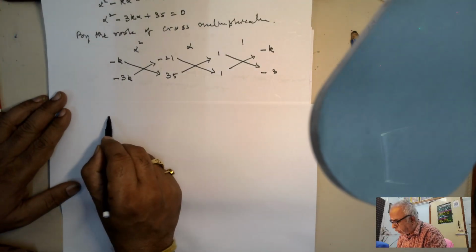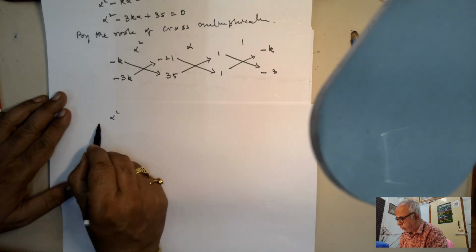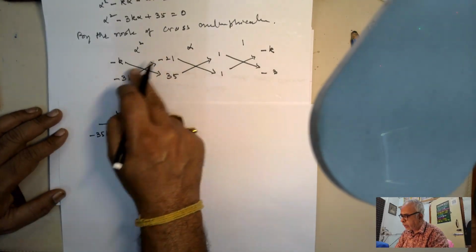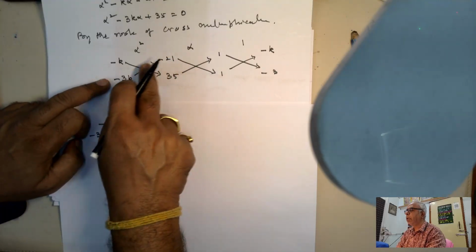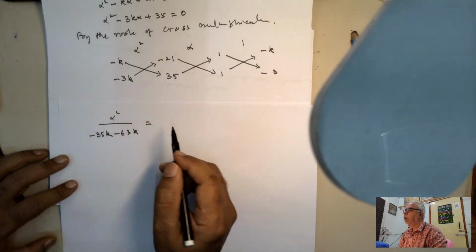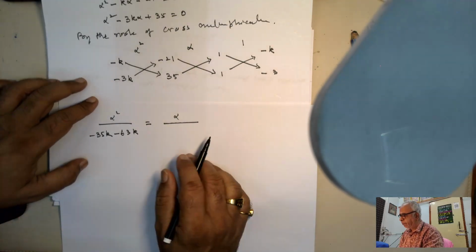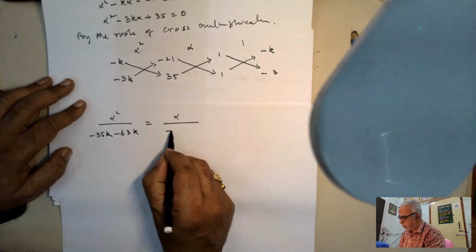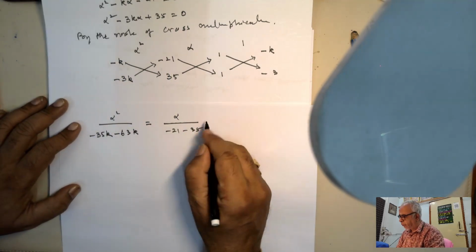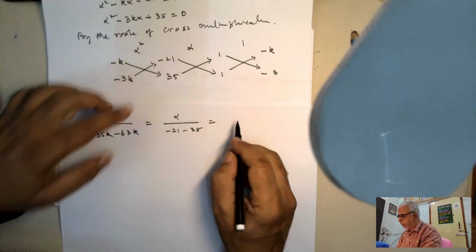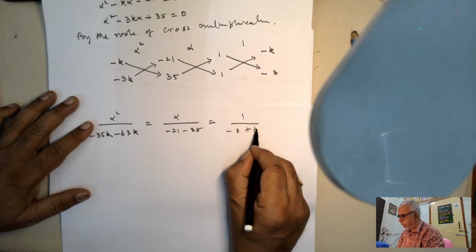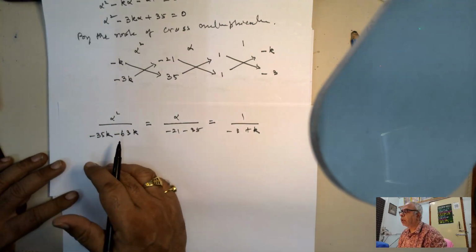Alpha squared divided by minus 35k minus 63k, which is minus 98k, is equal to alpha divided by minus 21 into 1, that is minus 21, and 35 into 1, minus 35, which is minus 56. Then 1 into minus 3, you can put minus 3 and minus of minus plus k, that is k. Now from this you have to evaluate.